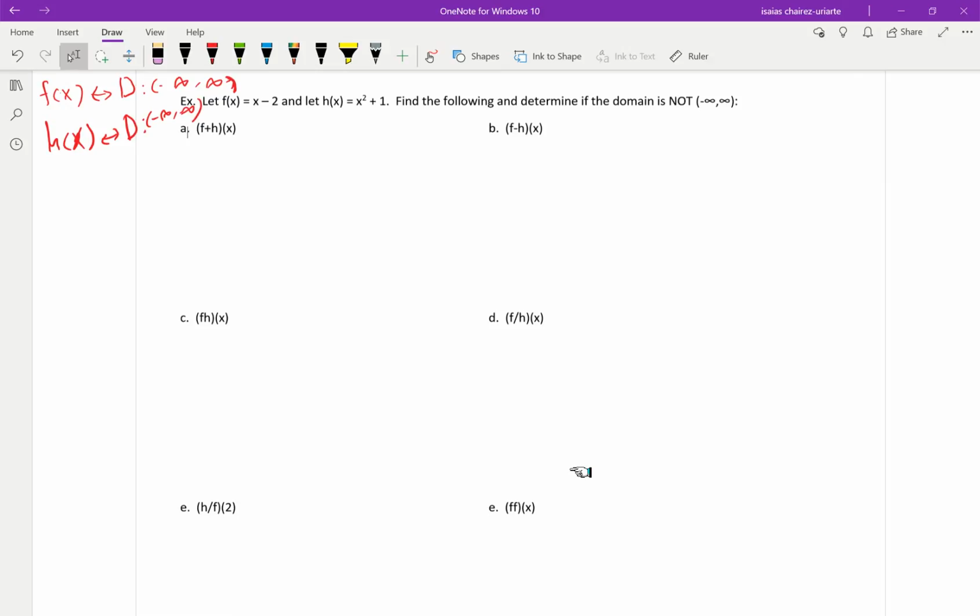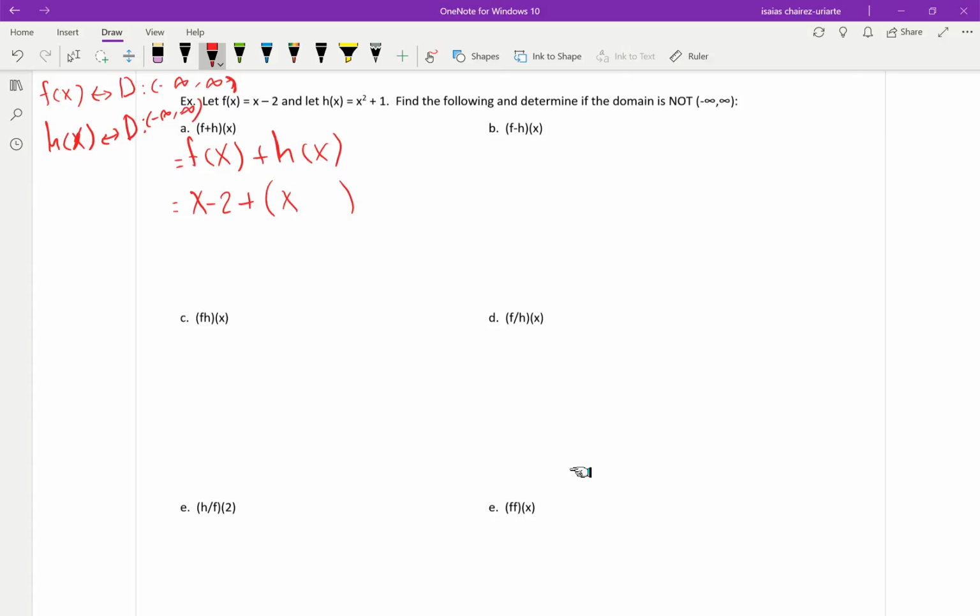All right, so hopefully you did get a chance to work this out and you have some solutions, and let's just compare our answers then. So for this one, let's compute this. This is going to become f of x plus h of x. So this becomes x minus 2 plus, and technically here I should put a parentheses just to be careful.